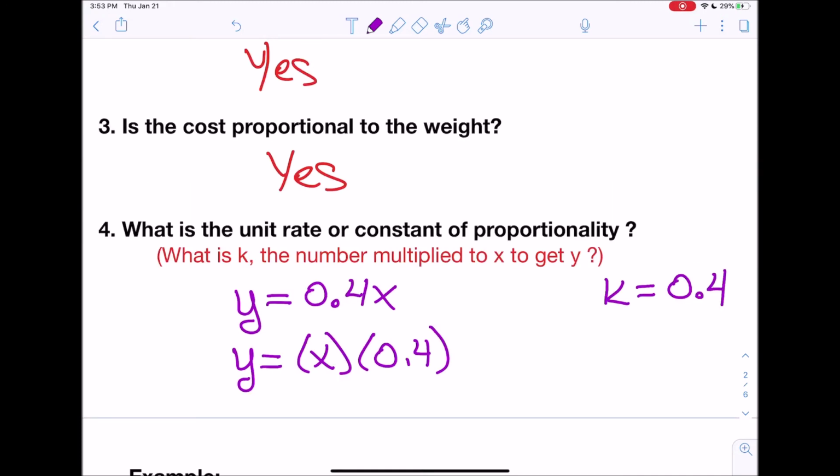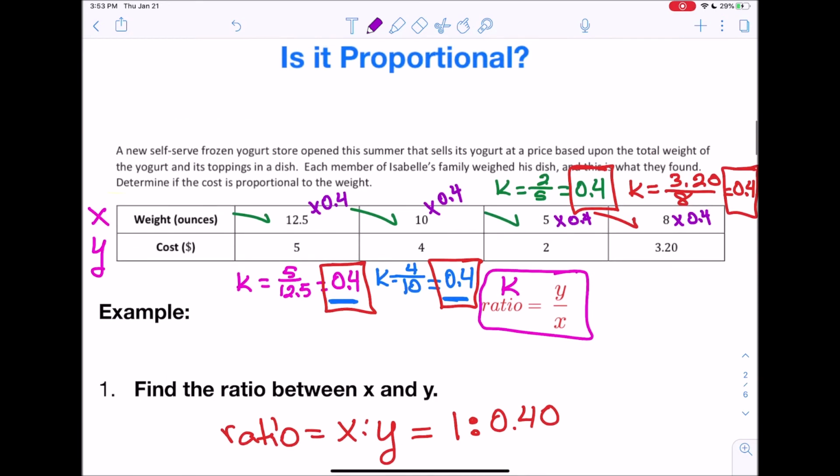And this is important to know because let's say you want to plan a party and you want to buy a lot of yogurt. You're going to buy more than 12.5. Maybe you're going to have 100 people at this party and you want to know how much yogurt is going to cost you if you get yogurt for 100 people.